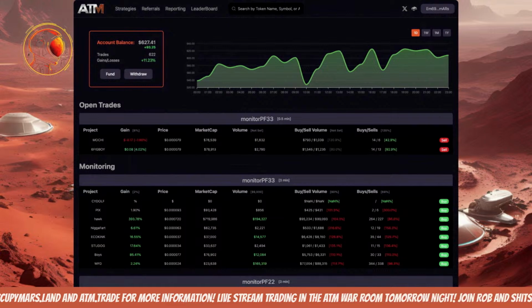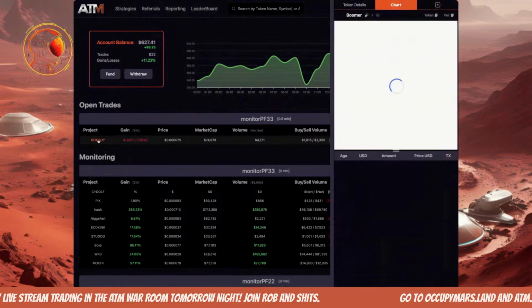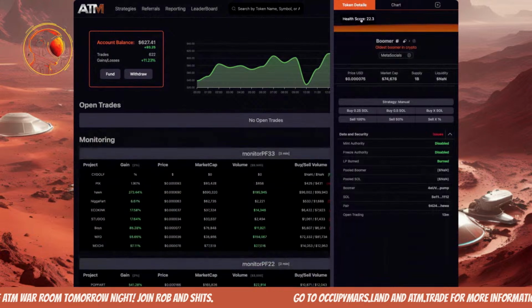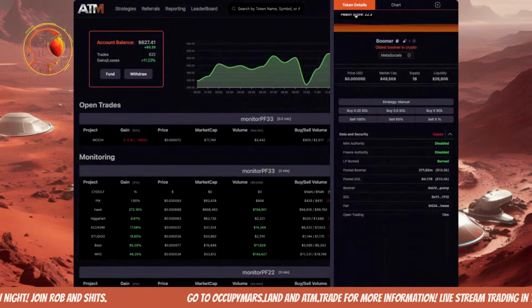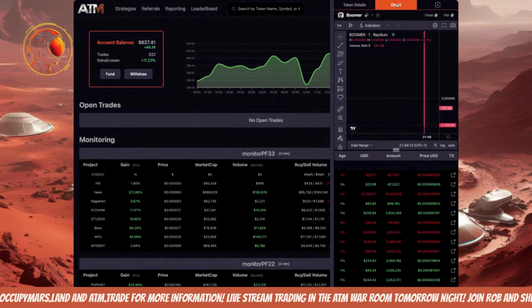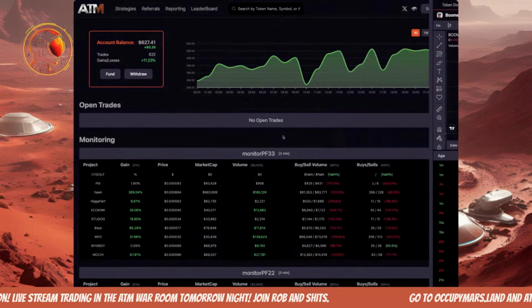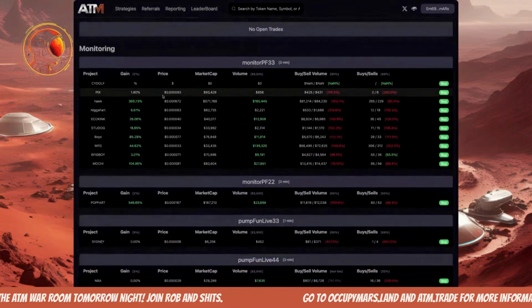Each of these tokens also comes with a health score. As you look at the different tokens, you get a health score, the charts, and all the statistics down here.